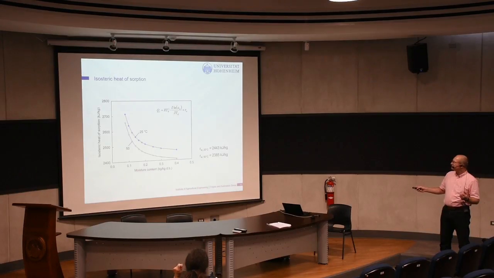And if we go here to 50 degrees centigrade, then we see that instead of 2,385, depending on moisture content, when the product is getting more and more dry, it is reaching even 2,600. It takes more and more energy to remove the water from the product. The drier it is, the more. Here is the moisture content in dry base going down, and the isosteric heat is increasing and is higher for lower temperatures.